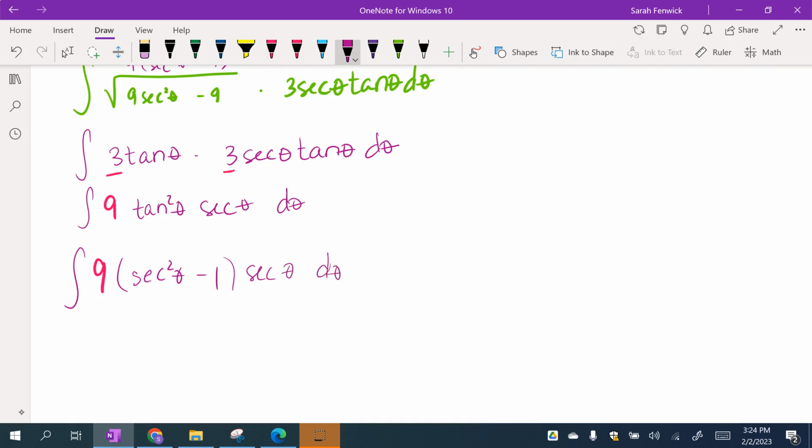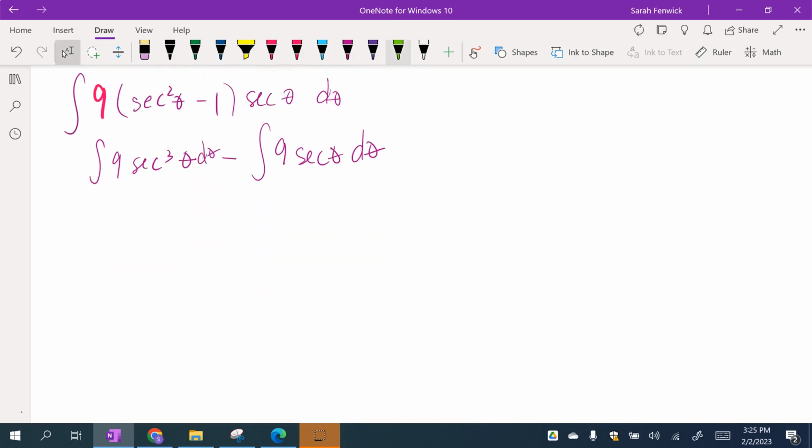So we have the integral of 9 secant to the third theta minus, and I'm going to separate this, put a d theta there, 9 secant theta d theta. And the reason I did that is because we've integrated secant to the third so many times already that we already have that information in our notes several times.